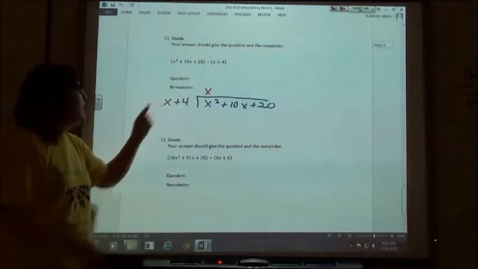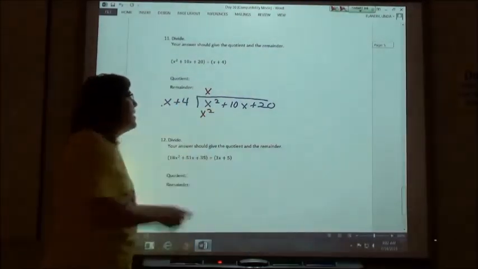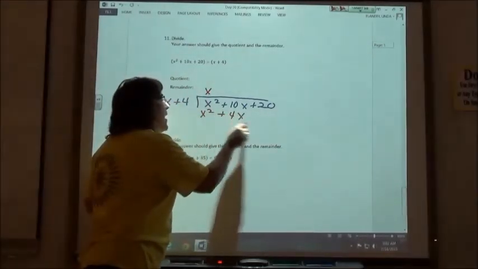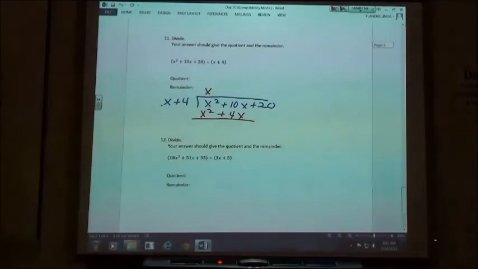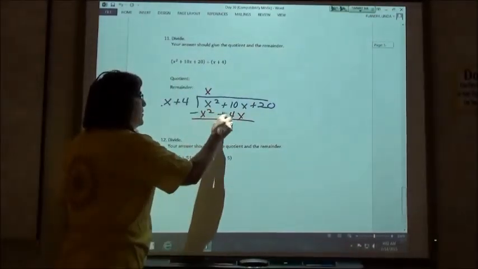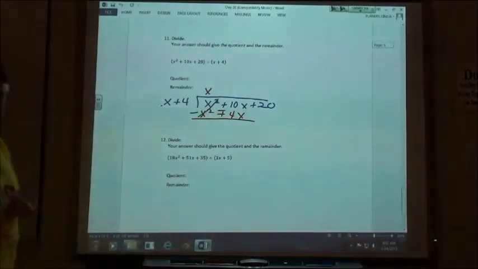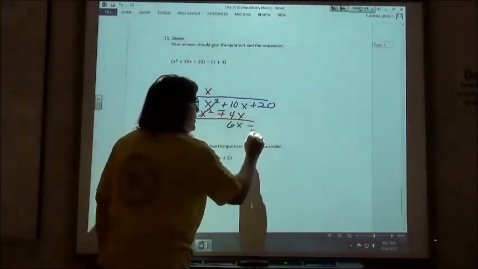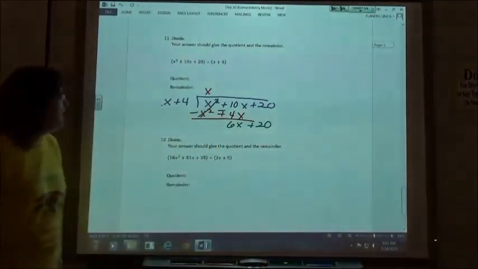So x times x is x squared. x times the 4 is 4x. We then subtract so that we can cancel out our leading term, and we would bring down 6x, and the plus 20 can come along.